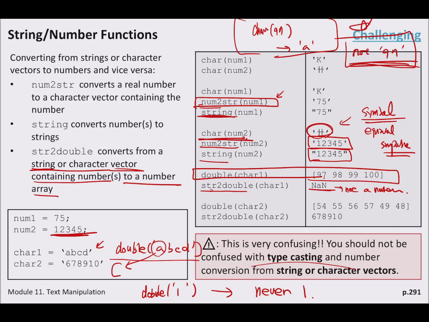But here character 2 is 6789110. If you convert this character vector to a number, you need to use str2double. Again, your character vector contains only numeric values, and if you use str2double, you will get one single number. Does it make sense?